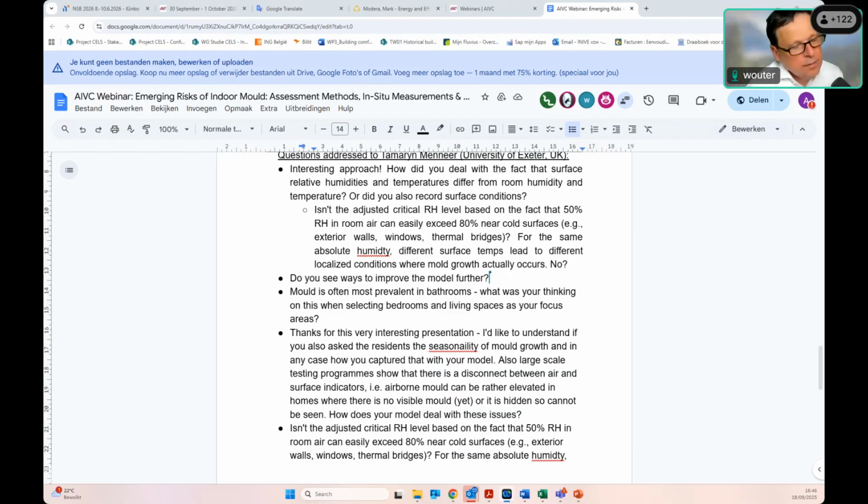Okay, thank you. Also, do you see ways to improve the model further? We had various future plans. Unfortunately, the project's now come to an end, but we're hoping to extend it further, potentially next year. There were two immediate further steps. First, to compare the results with an isopleth model, which takes the contours of relative humidity and temperature, and then identifies mold growth within those contours.